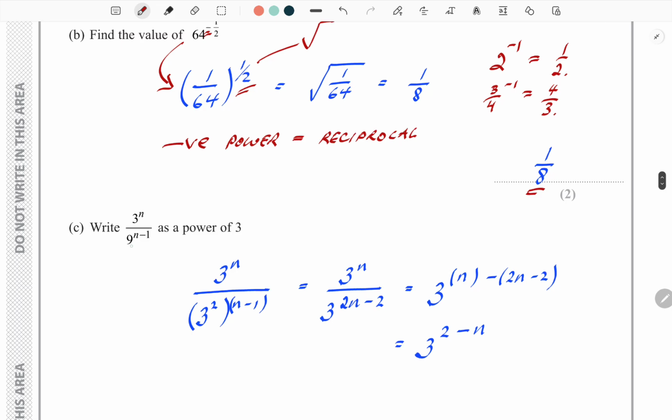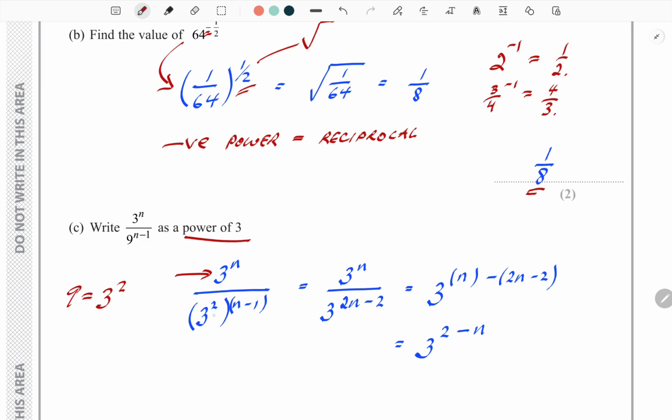This next part is perhaps a little more complicated. They want you to simplify this sort of algebraic fraction, which has powers in it, as a power of 3. So we're going to express everything as a power of 3. 3 to the n is already a power of 3, so leave that alone. But 9 equals 3 squared.